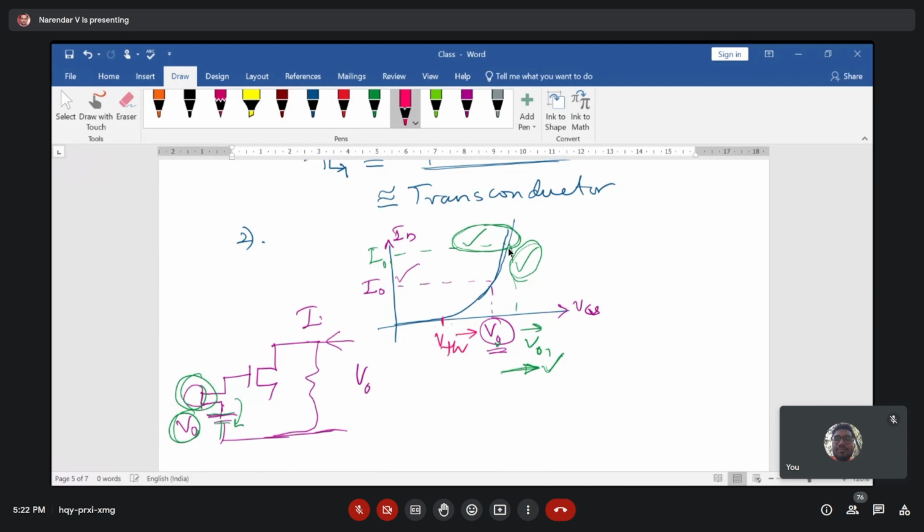As V naught is away from VTH, you have a certain current, and as it increases further and further, you have the corresponding currents I naught and I naught 1. These cause power dissipation, power consumption from your battery, which results in the battery dying very fast.